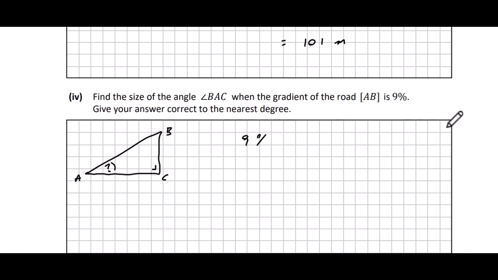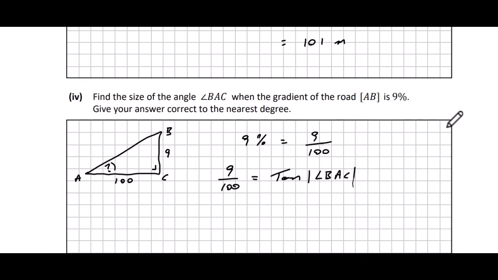So another way of writing 9% is just 9 over 100. So you can imagine that the gradient being 9 over 100 means that BC could be 9 and AC could be 100, and then we would just multiply by 100 to find the percentage here. So 9 over 100 is our tan of the angle at A. So 9 over 100 is equal to the tan of the angle BAC.